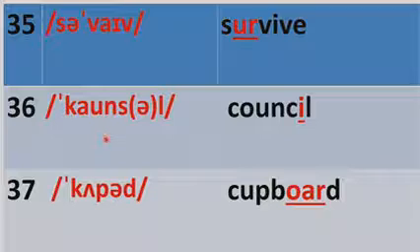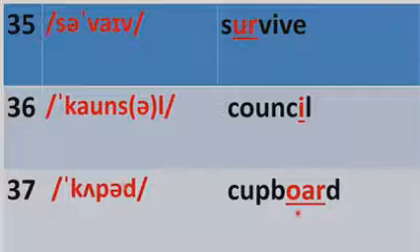In number 37, it is pronounced cupboard. You may be tempted to think that cup can join with board to give us cupboard. It is just pronounced cupboard with the P deleted. Can you call the words survive, counsel, cupboard? Great.